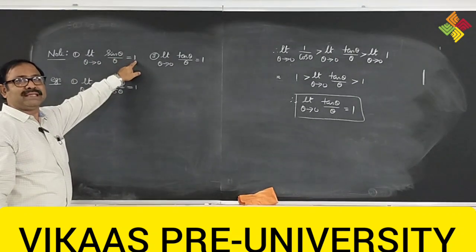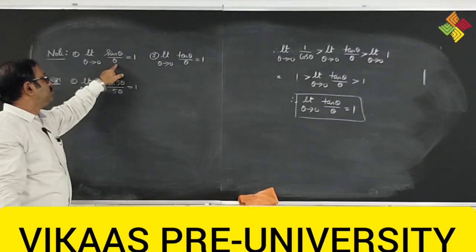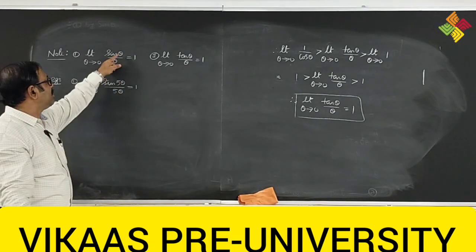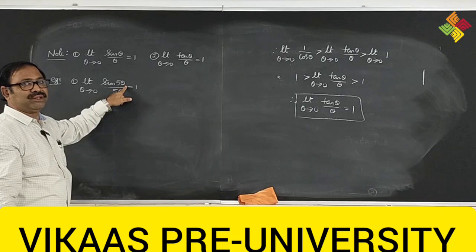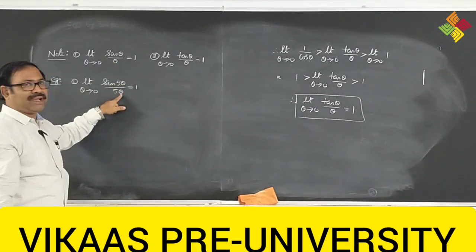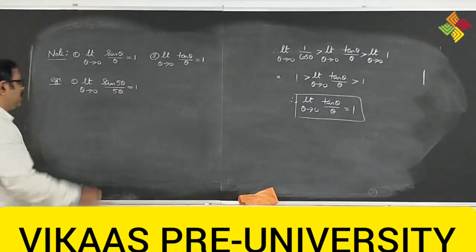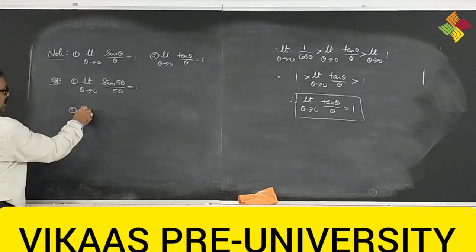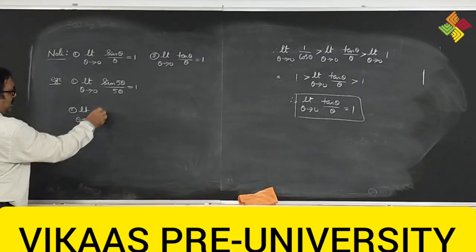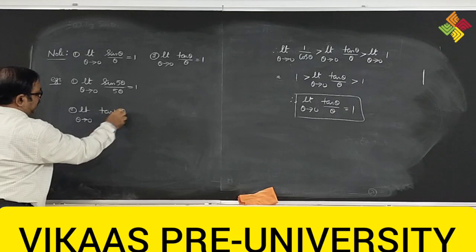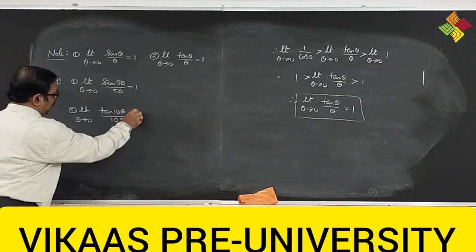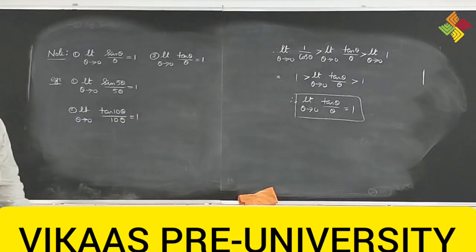So whatever is given along with the sine should be there in the denominator. Instead of theta, I am having 5 theta, so denominator 5 theta. Therefore this is 1. Similarly, limit theta tending to 0 tan theta by tan theta is 1.